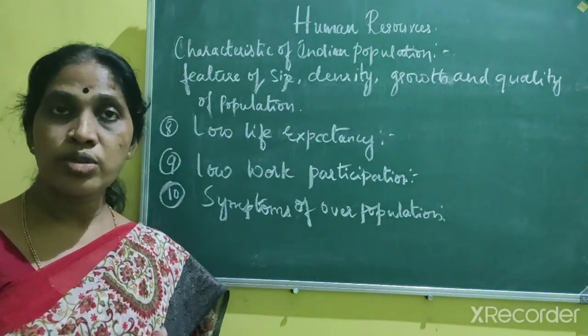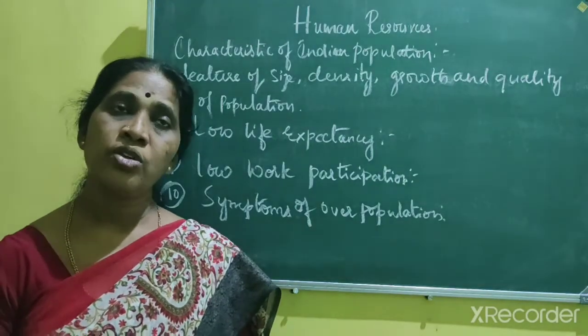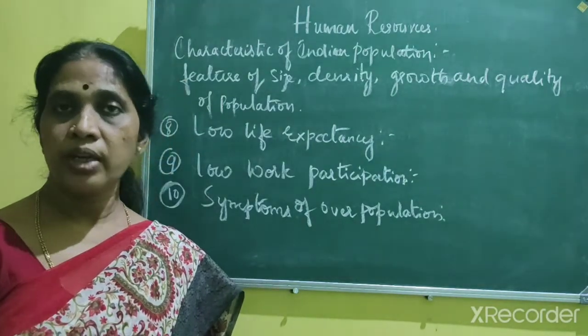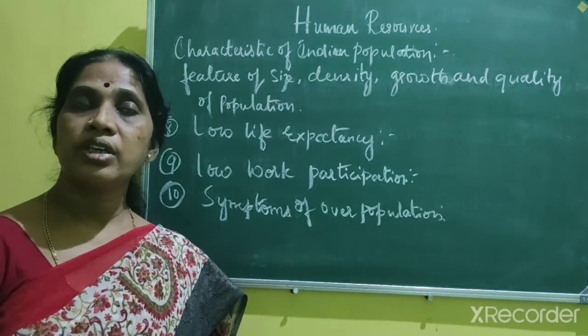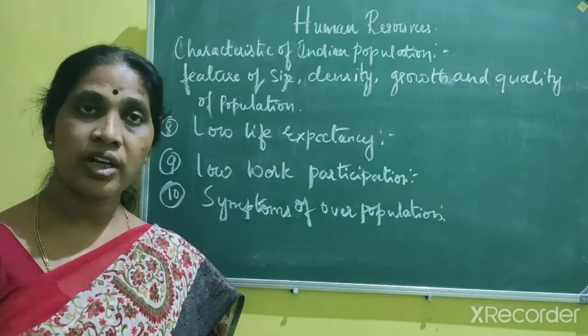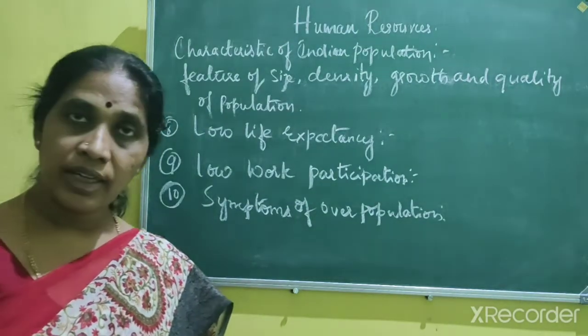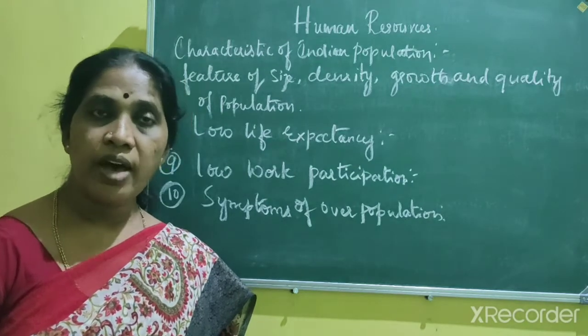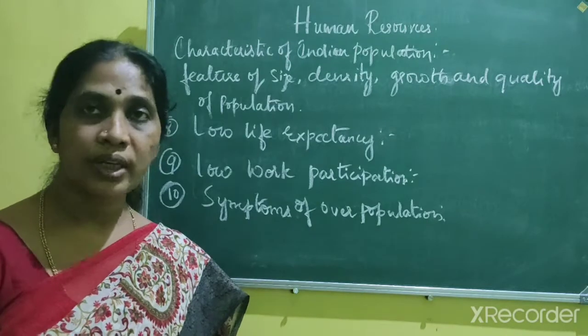So this shows that the population is gradually increasing. This is a big hurdle for the economic development of the country, because India is an agricultural country and most of the population still depend on agriculture. So India suffers and it leads to low per capita income.